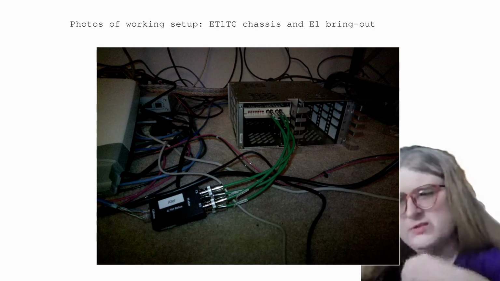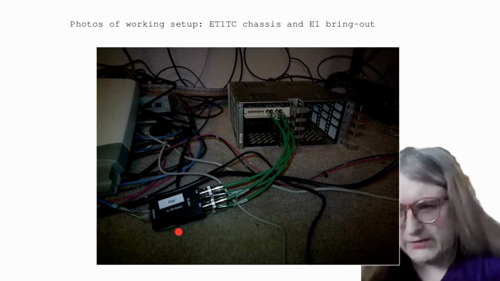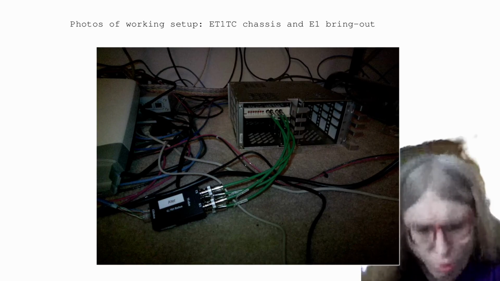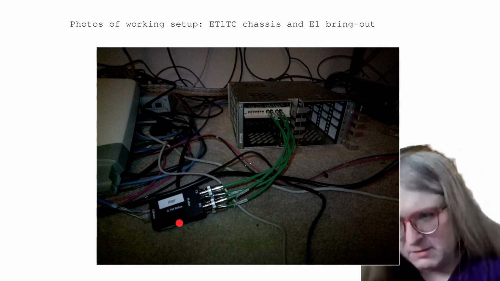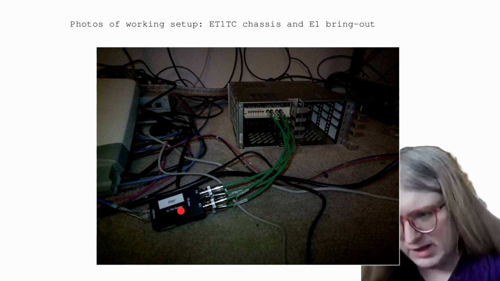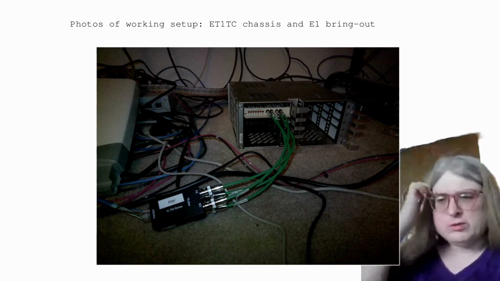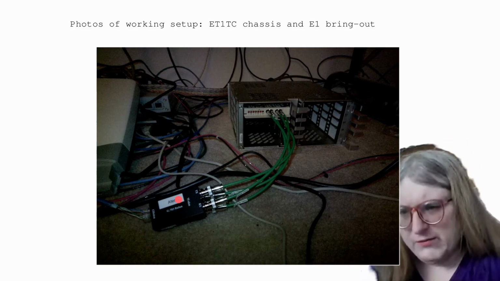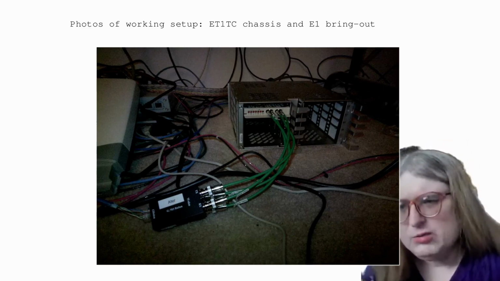Now, an interesting finding, just for anyone else who may ever need to work with these adapters. When I first received them from AliExpress, I wanted to test them by themselves. I thought, can I do a loopback?